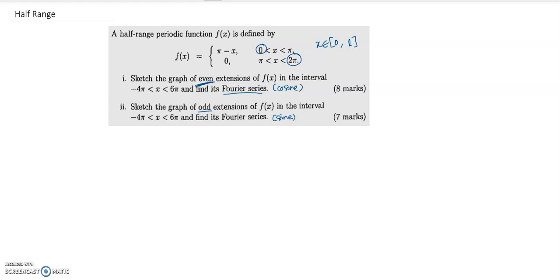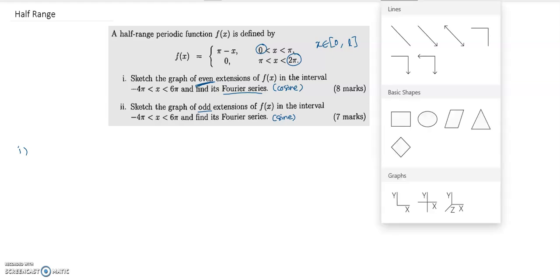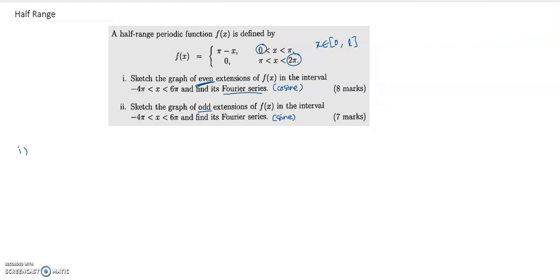So first of all, let us see the graph. For this example, I'm just going to show you how to sketch the graph. I hope you can do the calculation for the Fourier series on your own. So, put our axis.